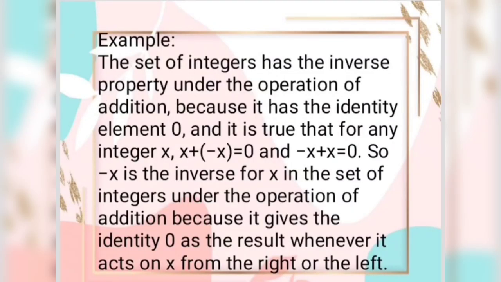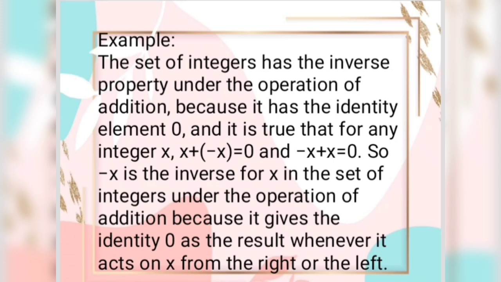Example. The set of integers has the inverse property under the operation of addition because it has the identity element 0, and it is true that for any integer x, x plus open parenthesis negative x close parenthesis equals 0 and negative x plus x equals 0.